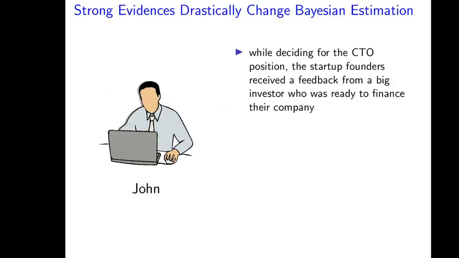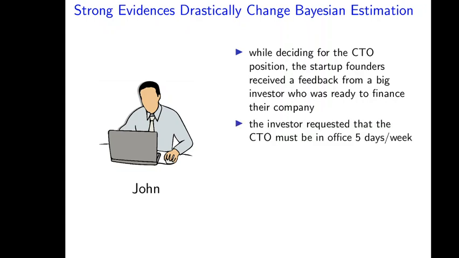Let's have a simple update to John's example to illustrate this fact. So let's say that after the final interview and before selecting the new CTO for the startup, the startup founders have received feedback from a very important investor who was ready to finance their startup. This investor requested that the new CTO must be in office 5 days per week.